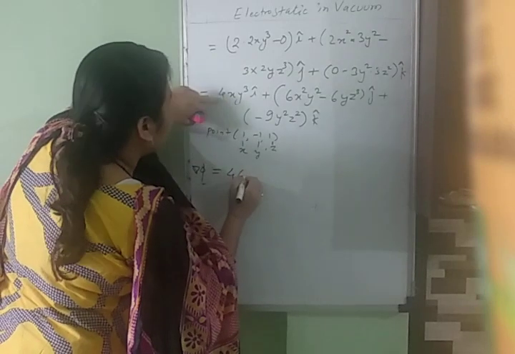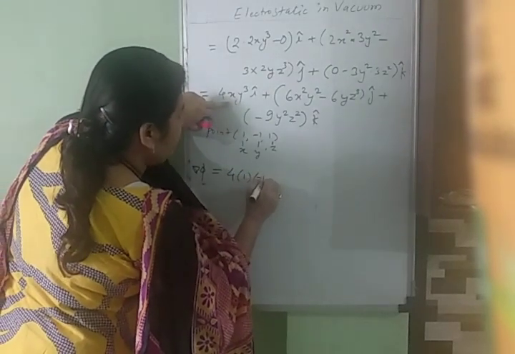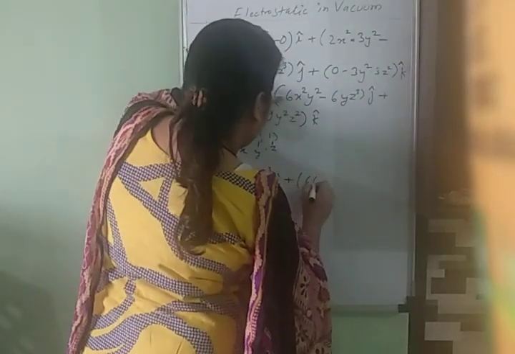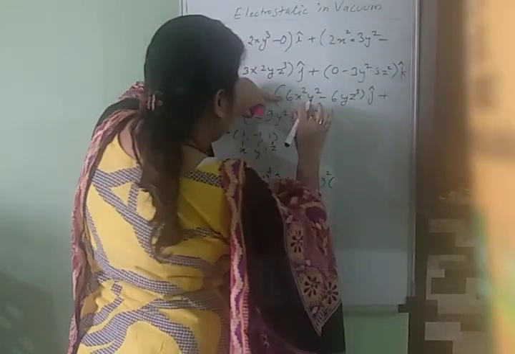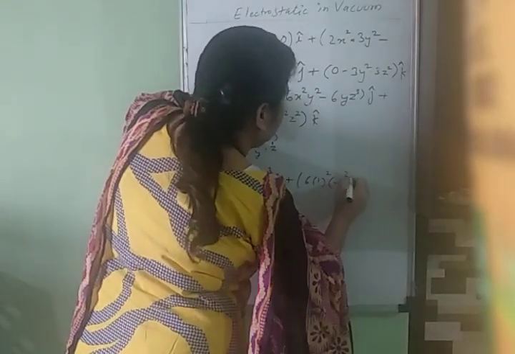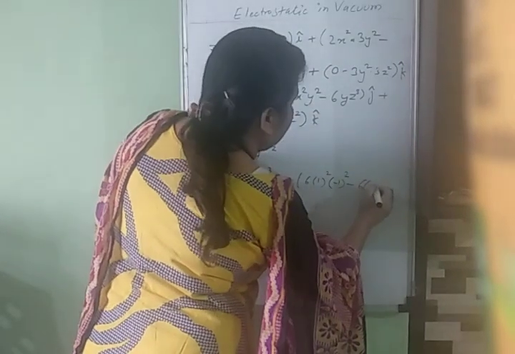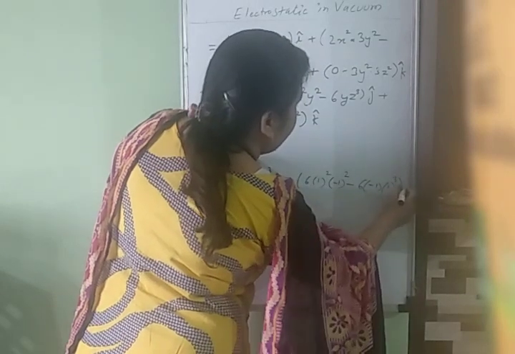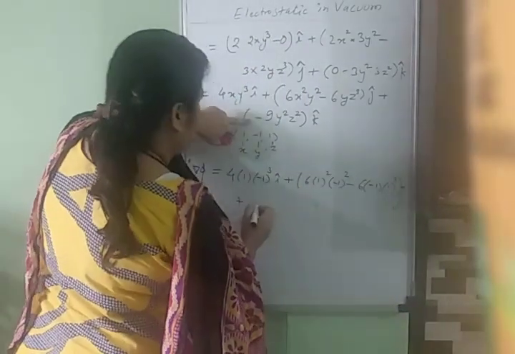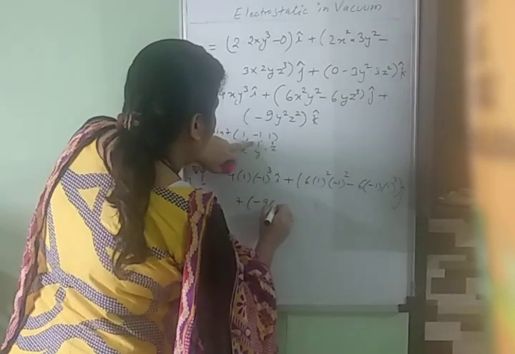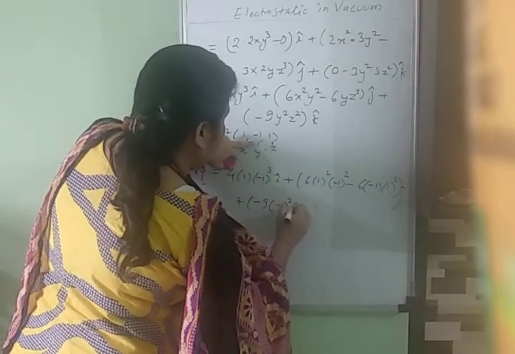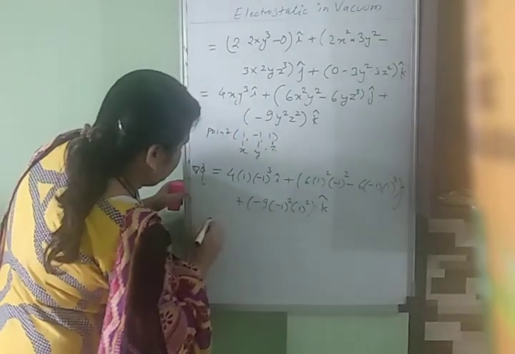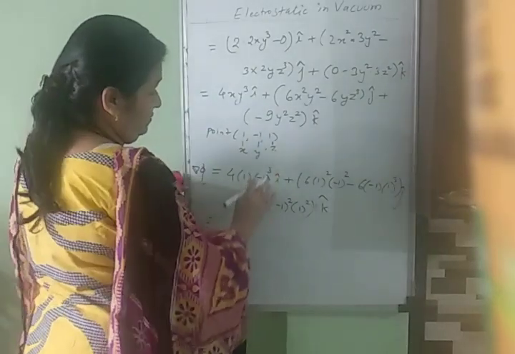Four into x equal to 1, and y equal to -1, cubed, with vector i. Then 6 with x equal to 1 squared, y equal to -1 squared, minus 6 with y equal to -1 and z equal to 1 cubed, with unit vector j. Then minus 9 with y equal to -1 squared and z equal to 1 squared, with vector k.